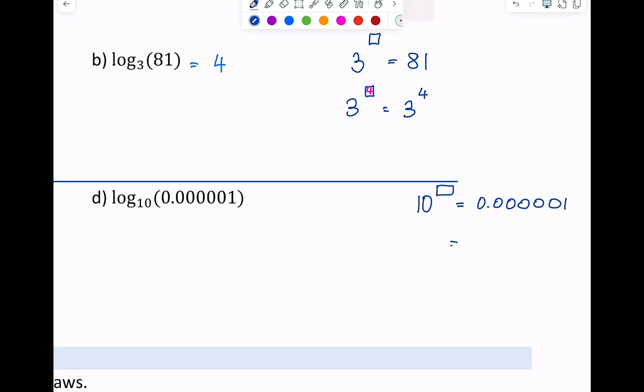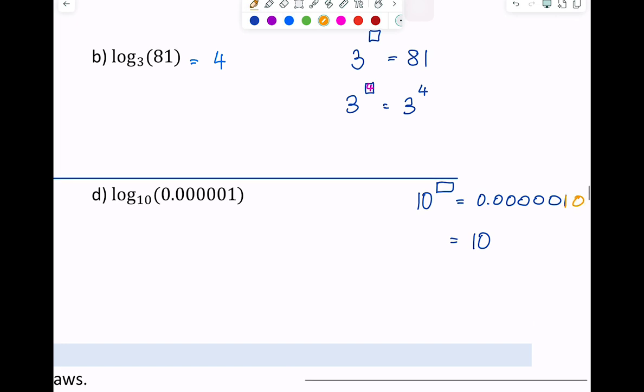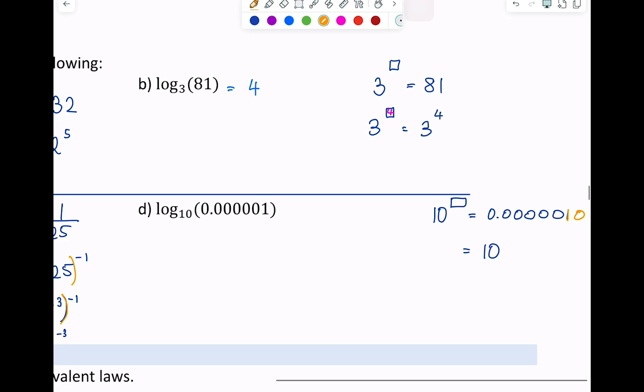Now, I want to re-express this in scientific notation, however I do want the base to be 10. So this 0.000001 is going to be written as 1 times 10 to the power of something, and I do want that decimal place to be at the very end.